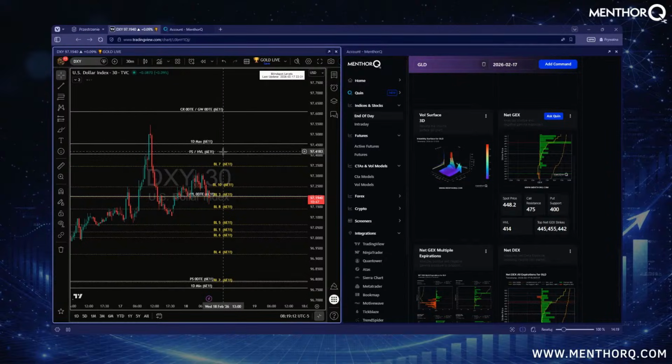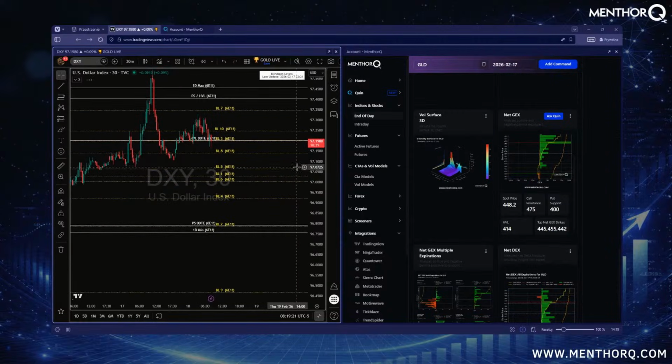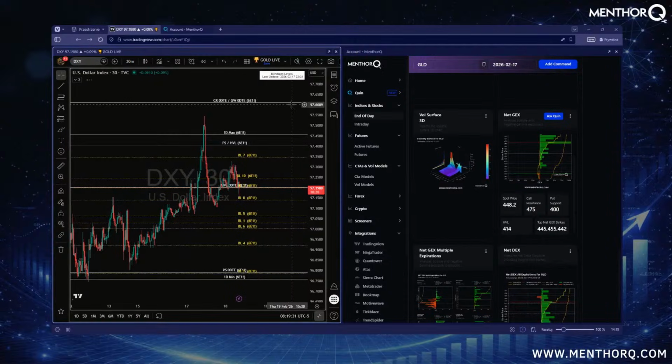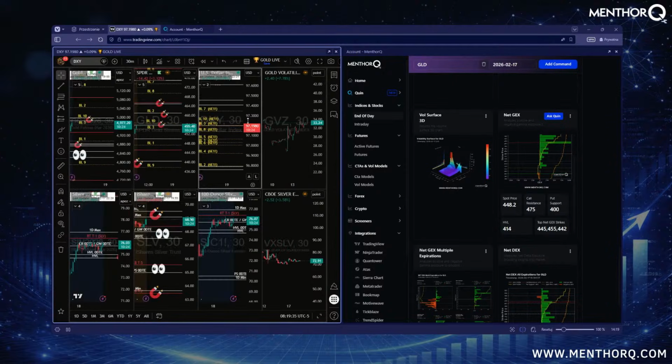Of course, 1-day max with put support and HVL around 97.5 plus minus, and later above, call resistance with gamma low. Below, put support with 1-day min with blind spot 2 sitting around 96.8, a little bit below 97. So right now waiting for the data and looking at what is going on, especially later when we have FOMC meetings and not only.